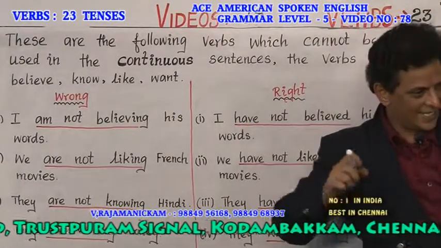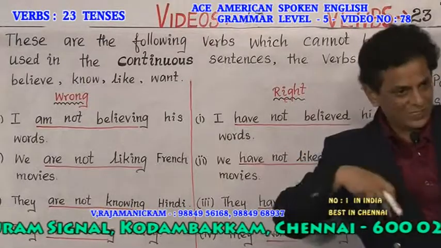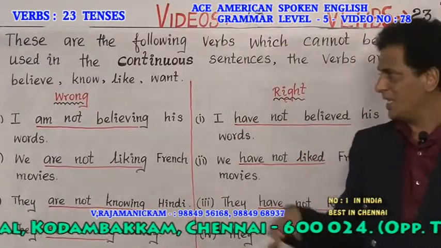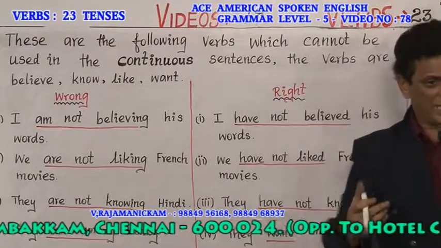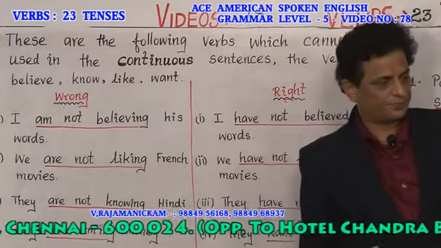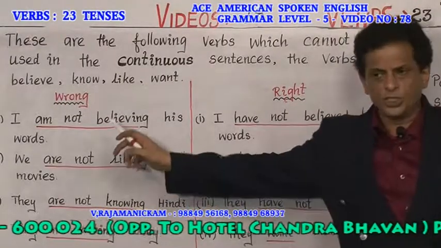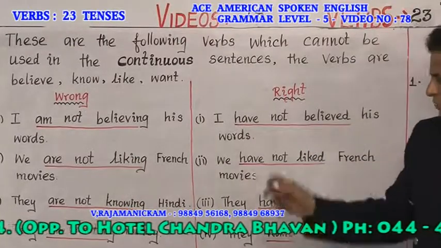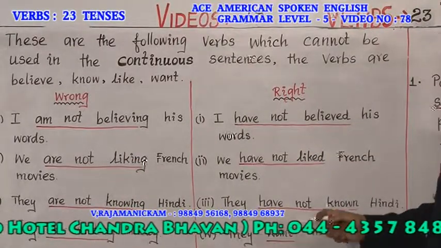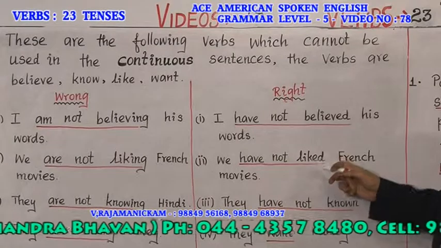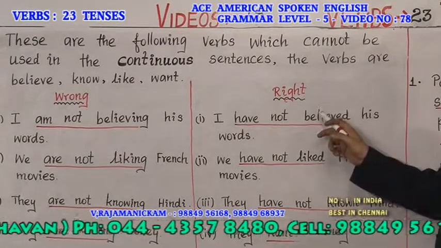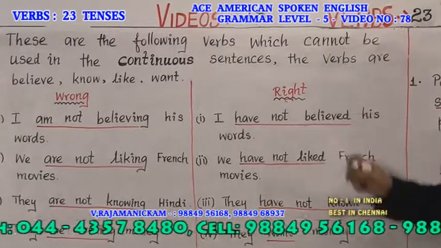Know, understand. Like, you start liking somebody, you like something. Want, you need something. These verbs are not used with the present continuous, but it is used only with the perfect. It is not used in perfect continuous, but it is used in present perfect.